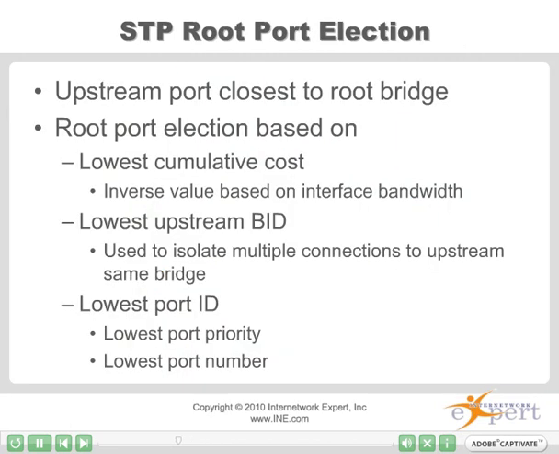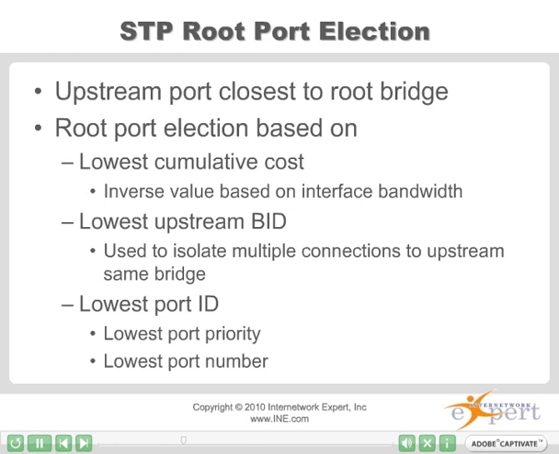The election of the root device is quite simple, but something that students really tend to need to review is the process for the root port election. Remember, it's going to be based on the lowest cumulative cost, and that's an inverse value based on bandwidth. So a lower cost means higher bandwidth.